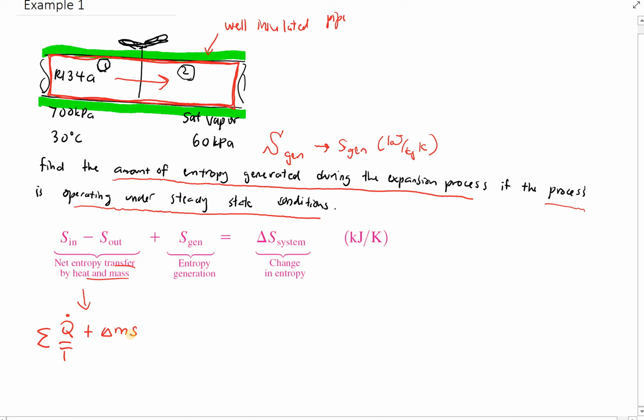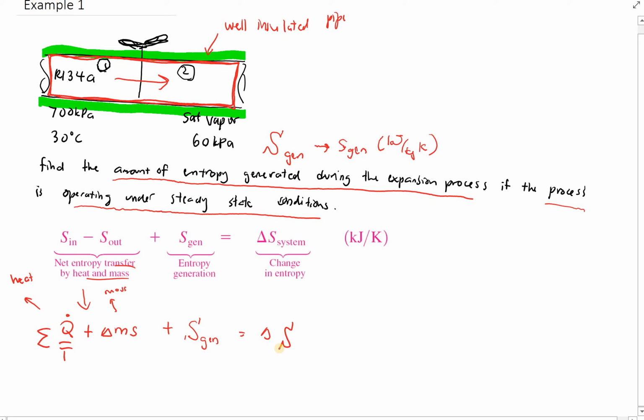Refer back to our lecture notes. This is entropy that is being transferred by heat, and this is entropy that is being transferred by mass. Then you add S gen equal to the change of entropy inside the system.